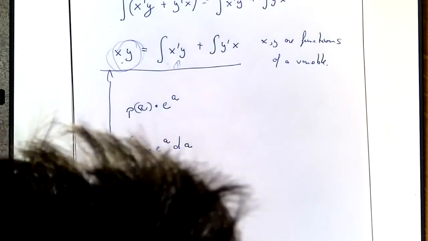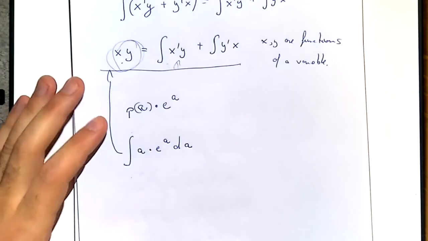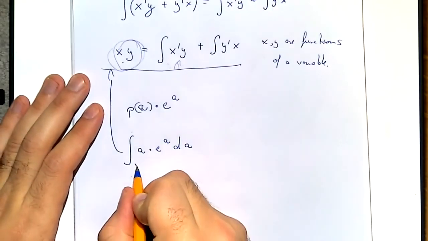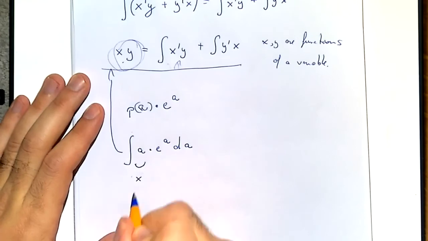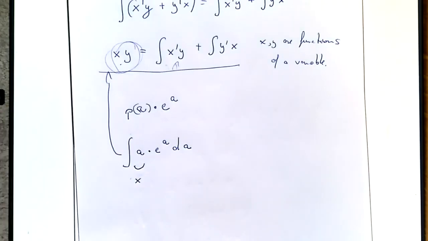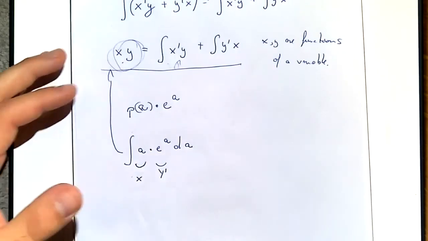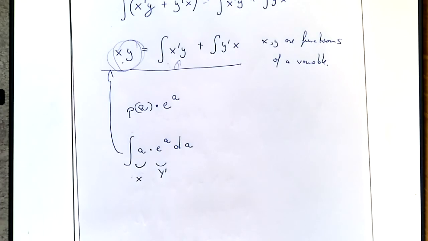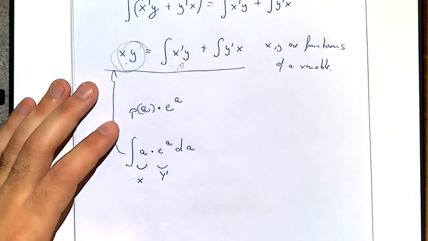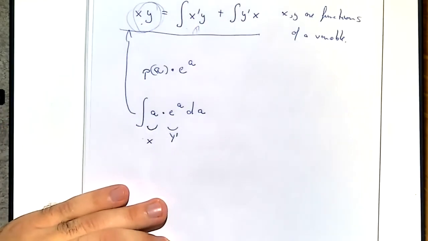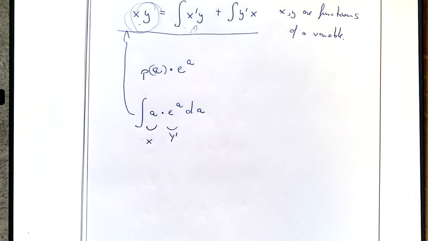So let's say this is my x, and this is my y prime. Let's try it like this.